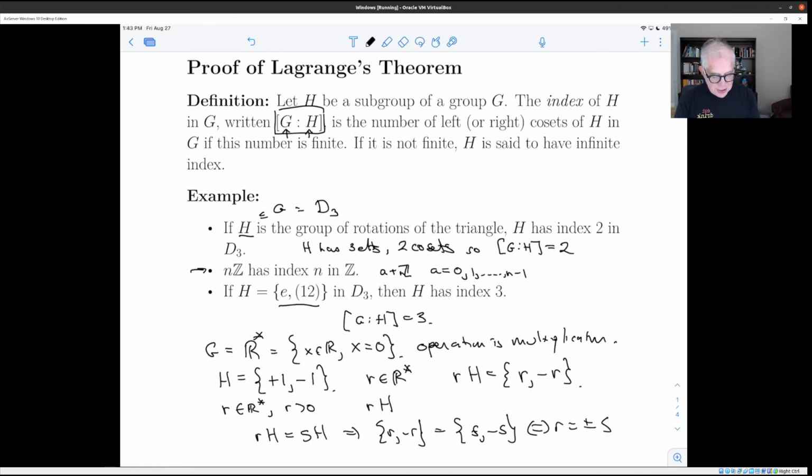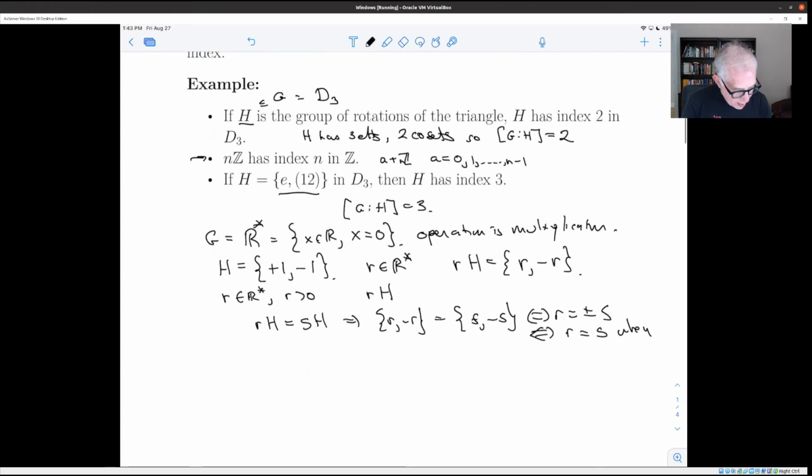But if we've chosen r and s to both be positive, that happens only if r is equal to s. And there are infinitely many positive real numbers. So this is an example of a group which has infinite index. So it can happen.